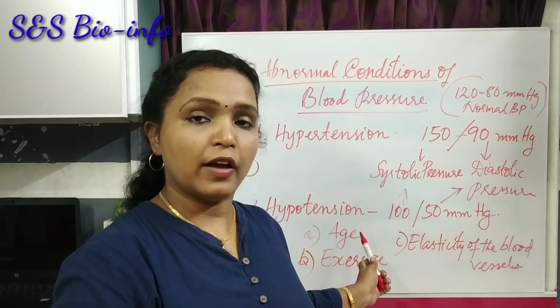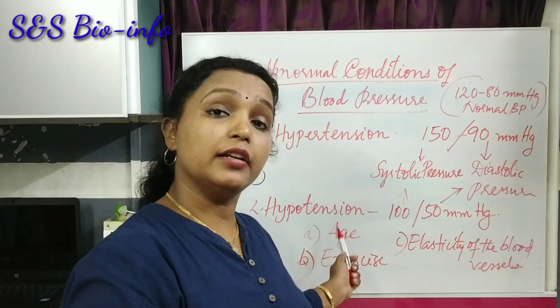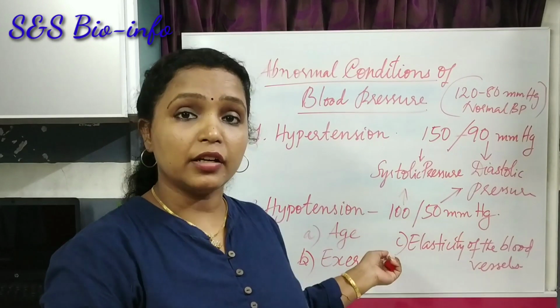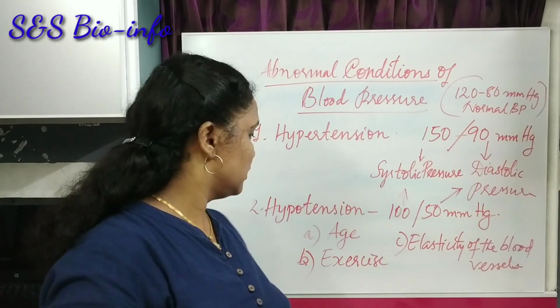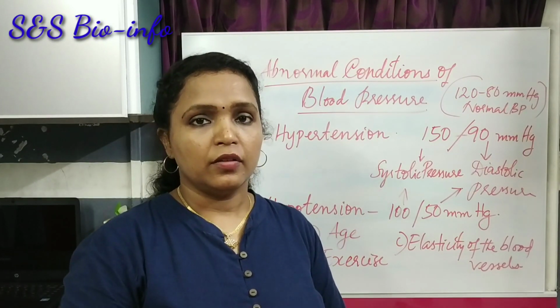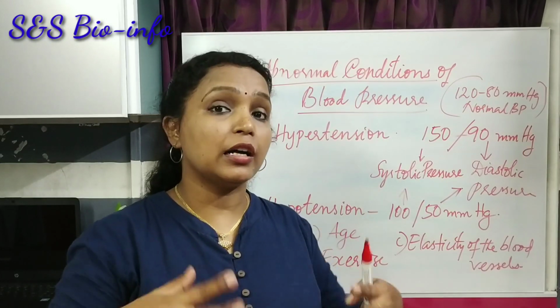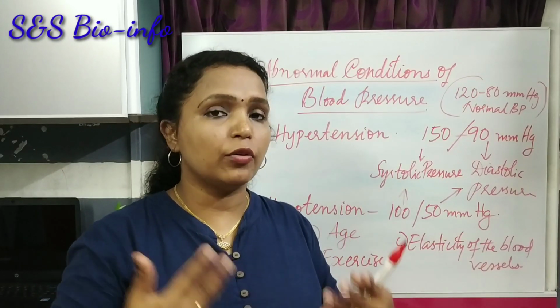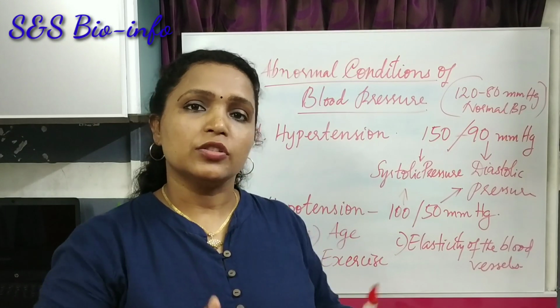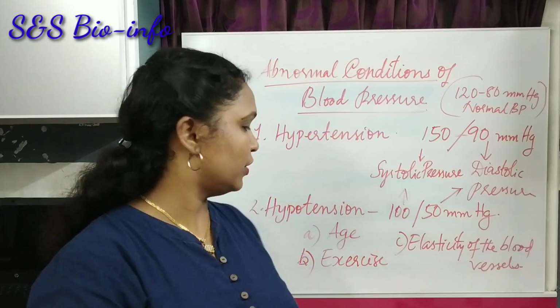Age: the values of both systolic and diastolic pressure increase with age. Next, exercise. When we do exercise, the heartbeat increases so that the cardiac output also increases, so the blood pressure also increases.